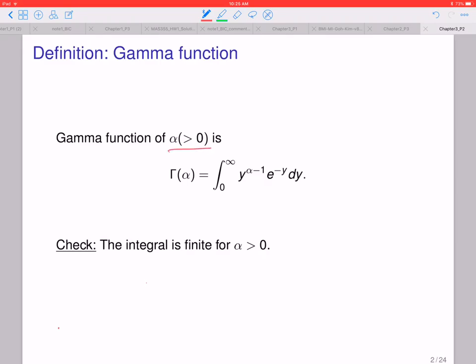For positive alpha, this integration is finite because from 0 to 1, it is dominated by some integrable function, and from 1 to infinity, it is dominated by some constant times e to the minus y, dy. So this is finite.